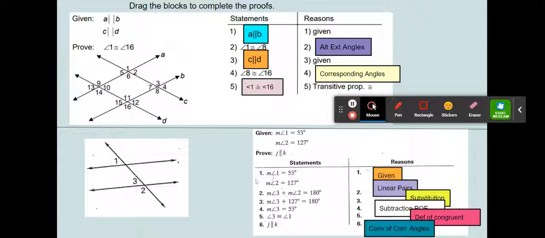All right. The second proof here, we have that the measure of angle 1 is 53. Measure of angle 2 is 127. That is our given information. 2 and 3 are right next to each other, form a straight line. They are linear pairs.